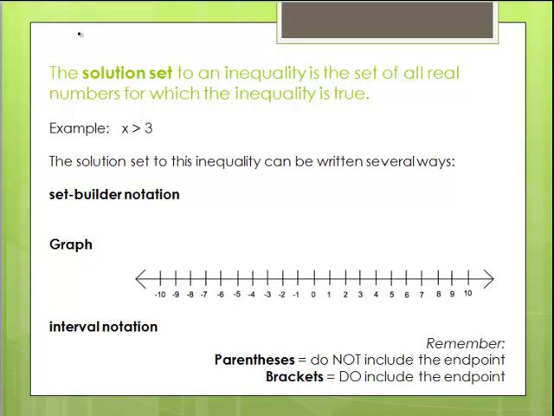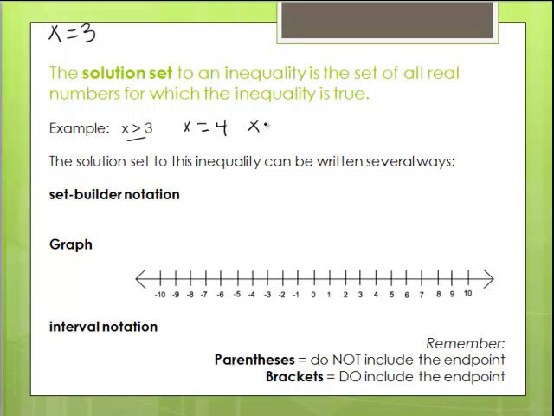So you remember when we had an equation like x equals 3? There's only one number that can make this equation true, and that would be 3. 3 equals 3. Well, for an inequality, you have many different numbers that can make this true. So if we're looking at this inequality, you could have x is equal to 4. That's greater than 3.